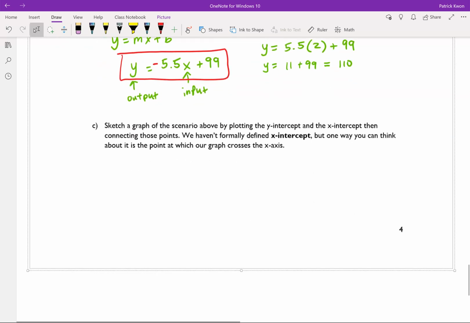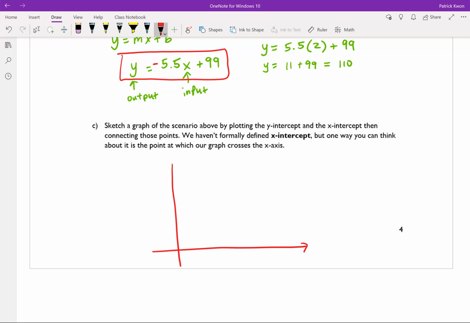So in this example, we're not given a grid, so I'm just going to quickly draw something like that. And so these are our y values, these are our x values, and remember in this case, y represents total amount on Orca card. And our x values, or our inputs, are the number of days that pass.